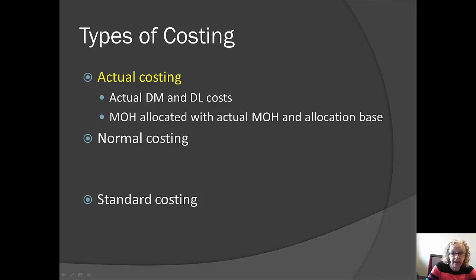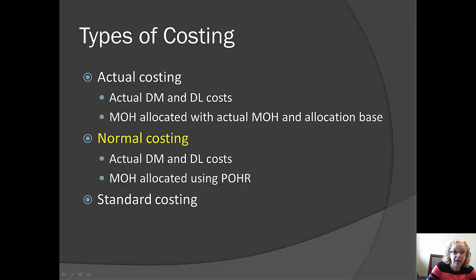What we've seen in this chapter is normal costing, where a firm uses actual materials and labor costs, but they use a predetermined overhead rate to assign the overhead. A third way to answer the question, how much did this job cost, is to use standard costing.